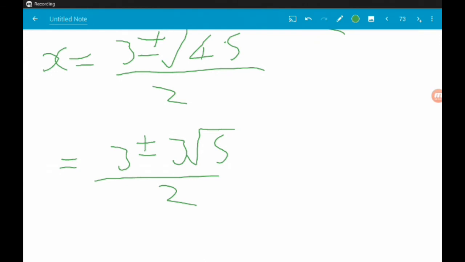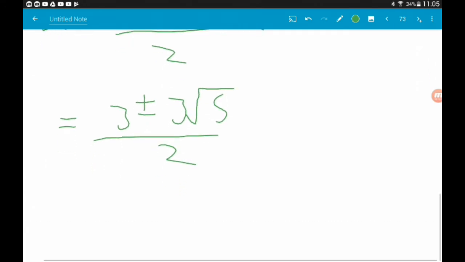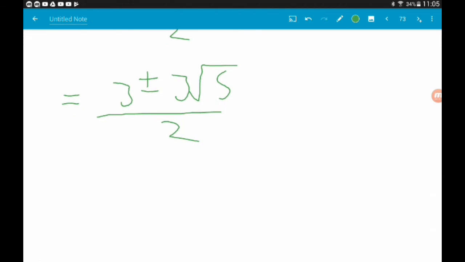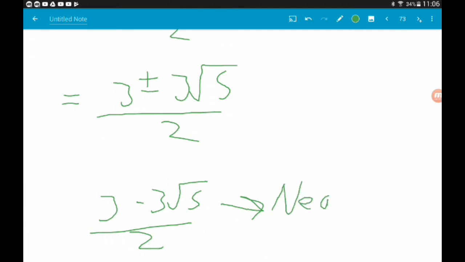Now we need to be very careful here. Remember that you cannot take logarithms of negative numbers. So if we were to put into our calculator 3 minus 3 root 5 over 2, this guy is negative.